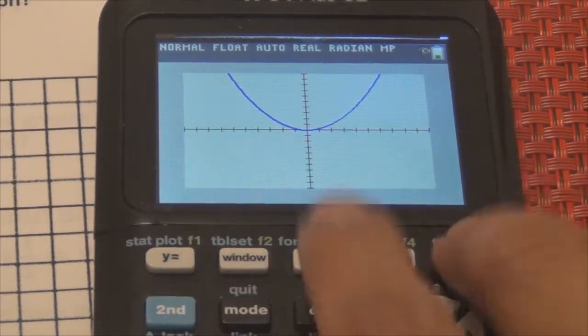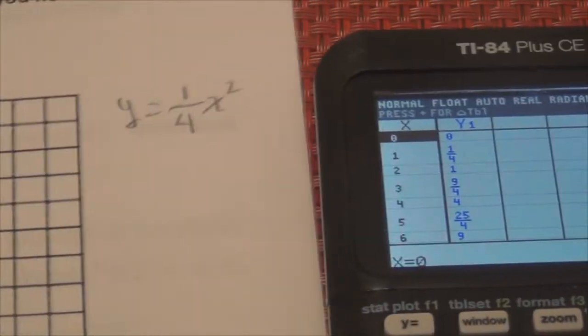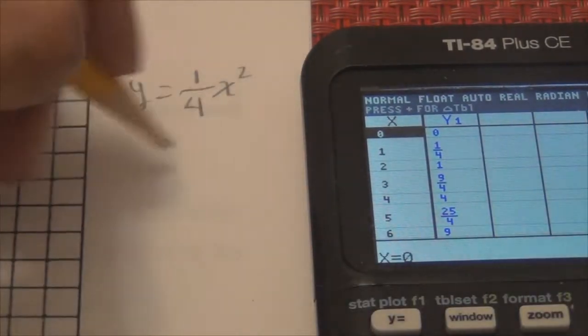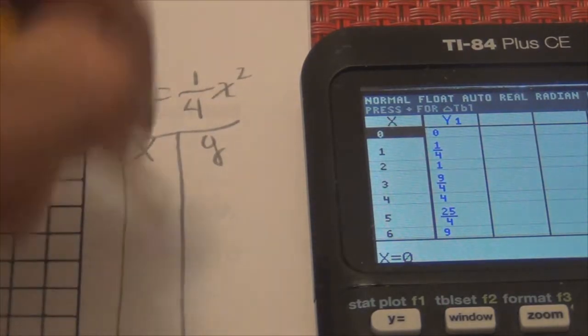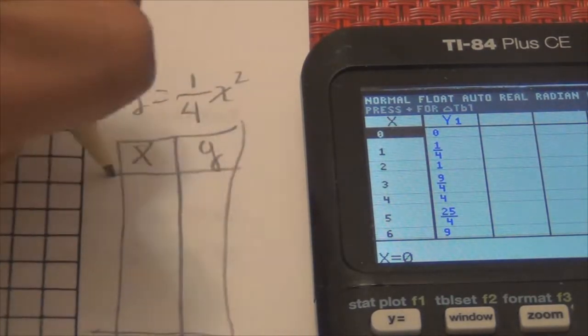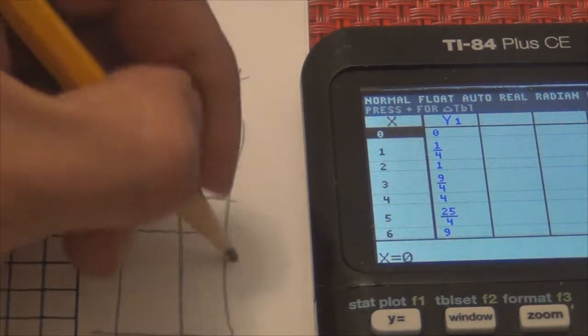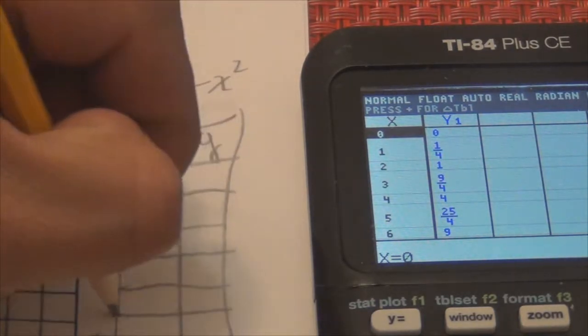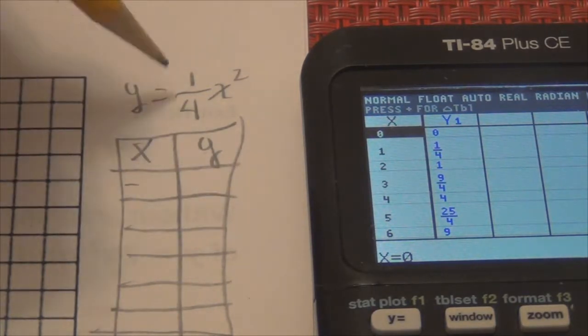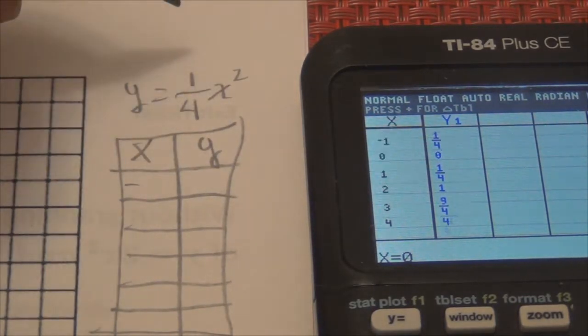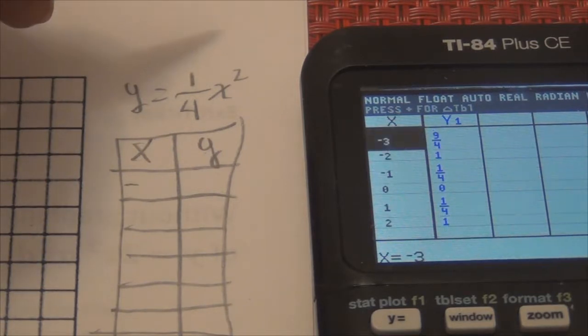Now let's take a look at the table of values. Negative 8. Let's see what I can graph. When you're dealing with fractions, it's usually nice to just look at the calculator and graph the nice points.